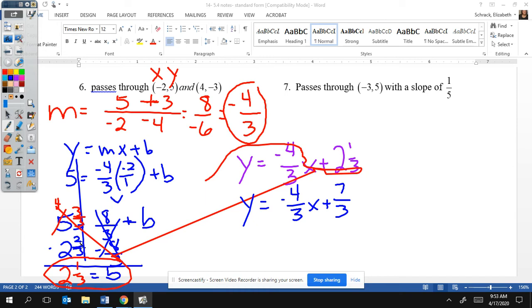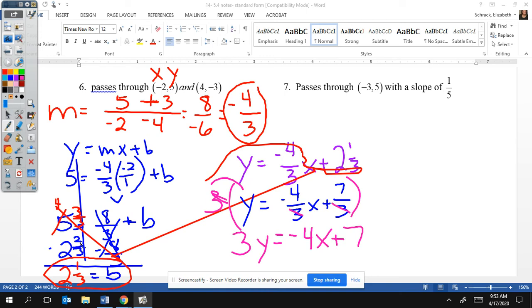To get rid of the fractions 4/3 and 7/3, we can multiply the whole problem by 3, since our denominators are exactly the same. So 3 times y is 3y equals, the 3's cancel out, so we're left with negative 4x, and the 3 below the 7 also cancels out. So we have negative 4x plus 7 equals 3y.